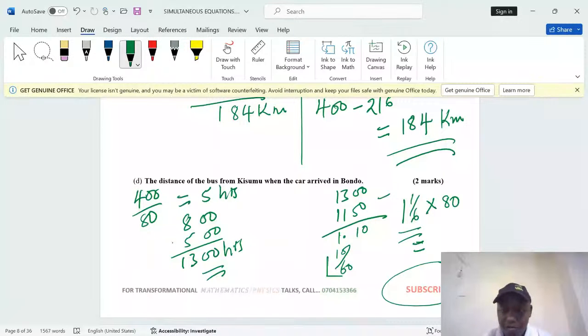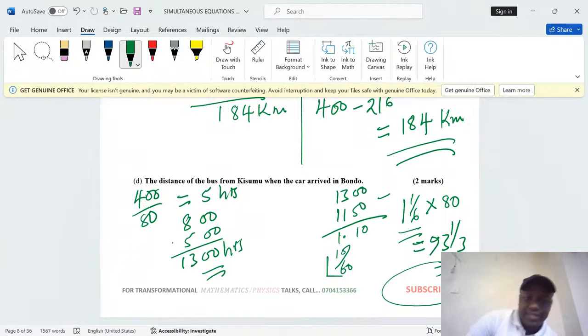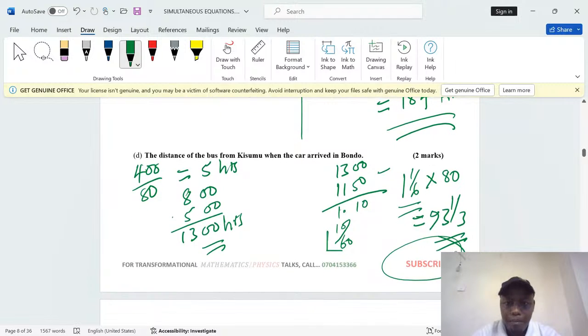When we talk of 1 and a sixth, this means 7/6 multiplied by 80, and this means 93 and a third kilometers. So the bus still has 93 and a third kilometers to be covered. That is from Bondo.